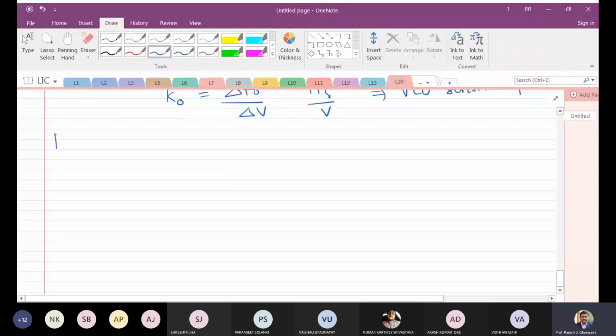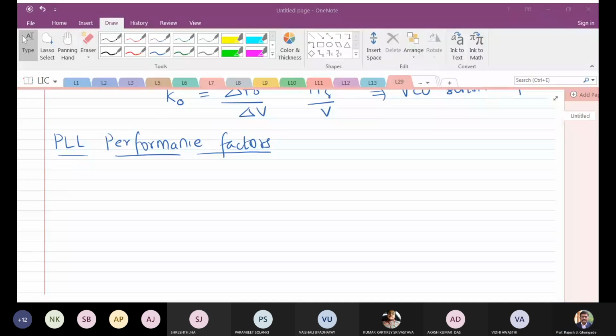Now let us turn our attention to PLL performance factors. Will it be okay if we exceed a little bit into the time? No problem, sir.